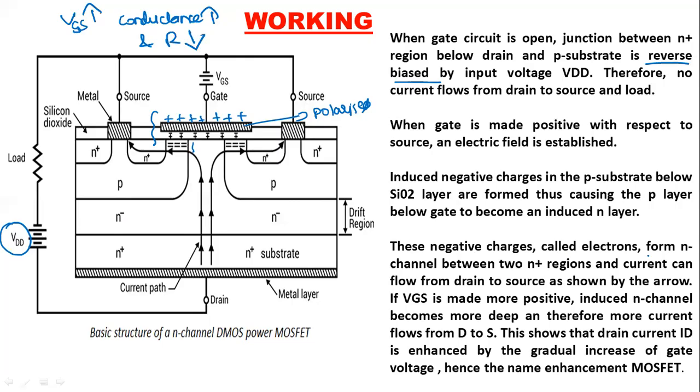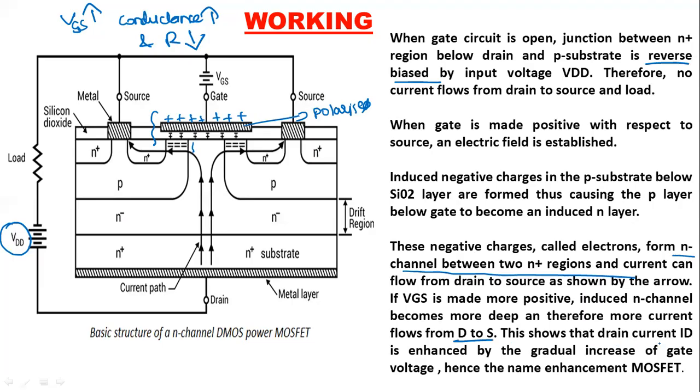These negative charges, the electrons, form an N channel between the two N plus regions, and current can flow from drain to source as shown by the arrow. If VGS is made more positive, the induced N channel becomes deeper and therefore more current flows from drain to source.